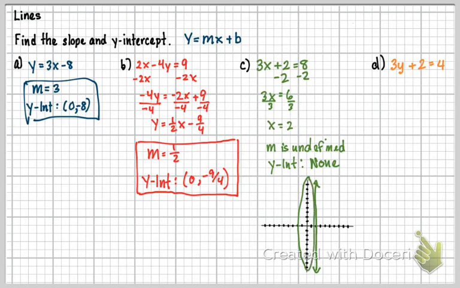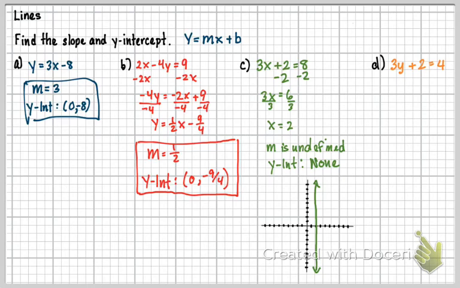To have a y-intercept, I have to cross the y-axis. And I don't, so therefore I have none. So m is undefined, and the y-intercept is none. Again, I have to understand the graph to really understand the information and what I have to write. Okay, now let's take a look at this last one here.